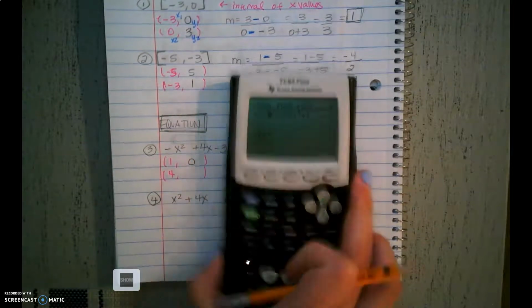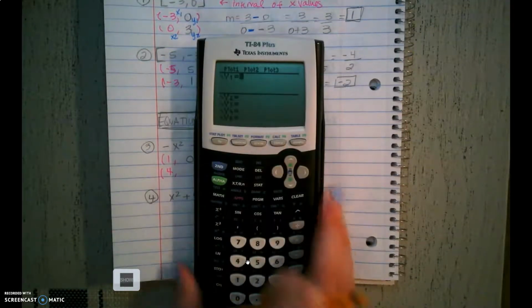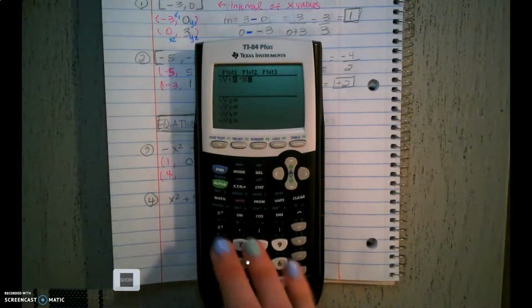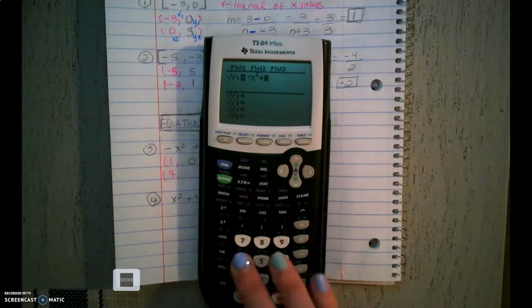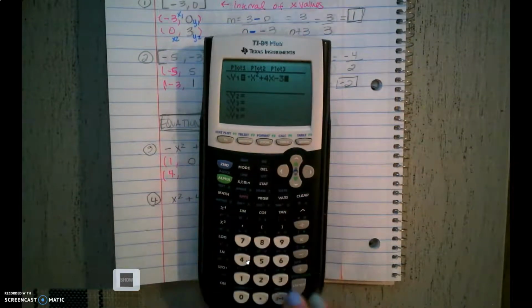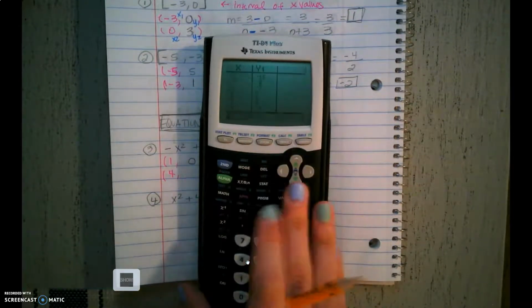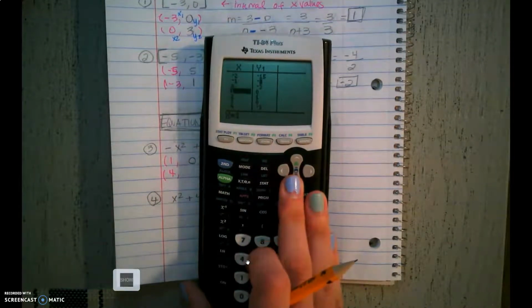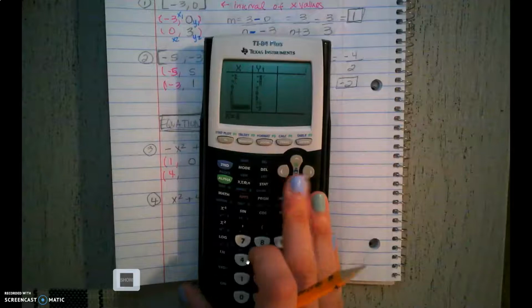The other option is we've been practicing graphing. You can make a table of values. So negative x squared plus 4x minus 3, and we can go to second table. In the table here, we can see that we have (1, 0), and then we have (4, -3).